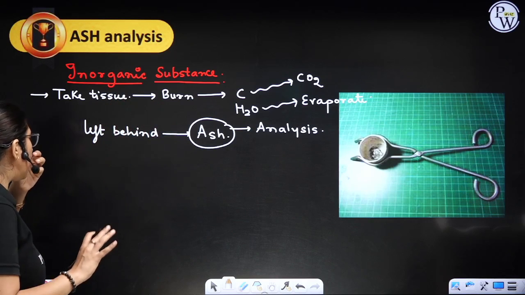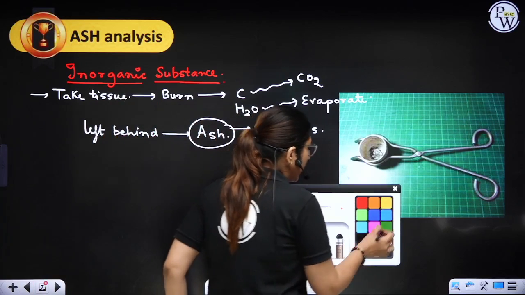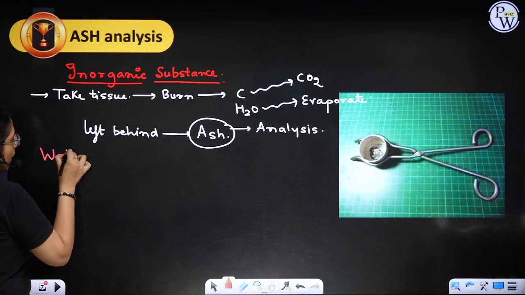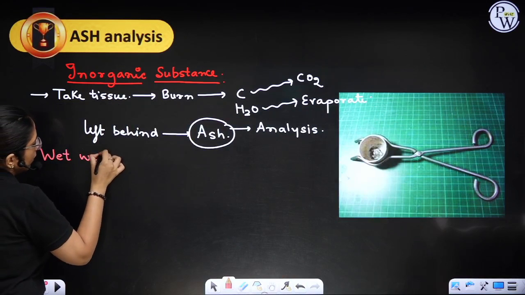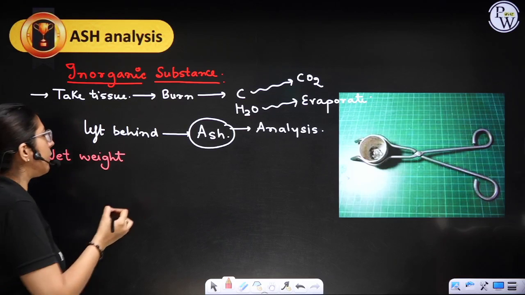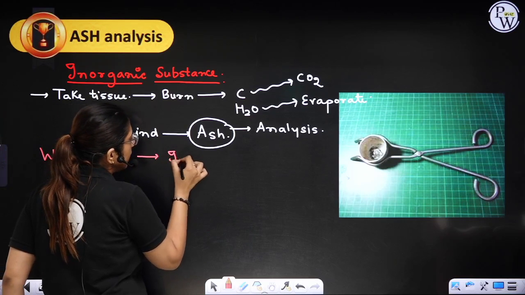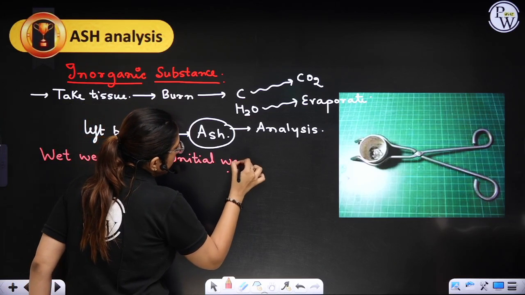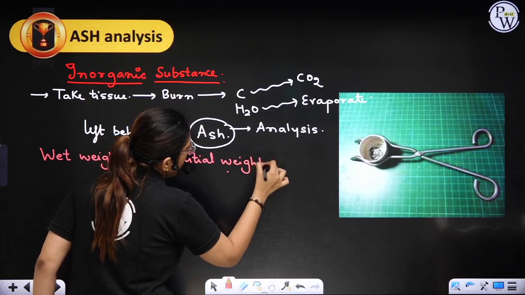For this, two different terms which you have to remember. The first one is the wet weight. What is the wet weight? Wet weight means the initial weight, guys. The initial weight of a substance is termed as the wet weight.